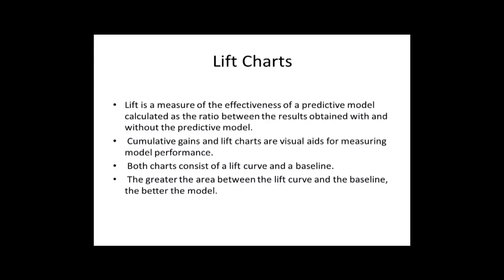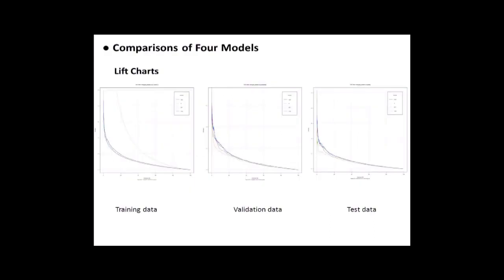Cumulative gains and the lift chart are visual aids for measuring model performance. Both charts consist of the lift curve and a baseline. The greater the area between the lift curve and the baseline, the better the model. This shows the comparison plots of 4 models for training, validation, and test data.